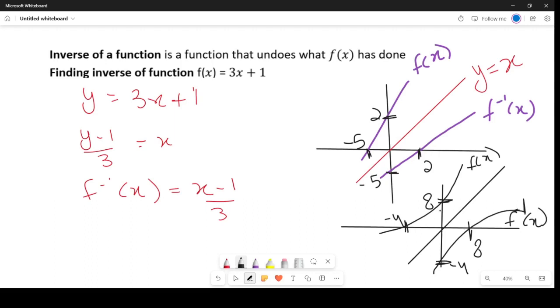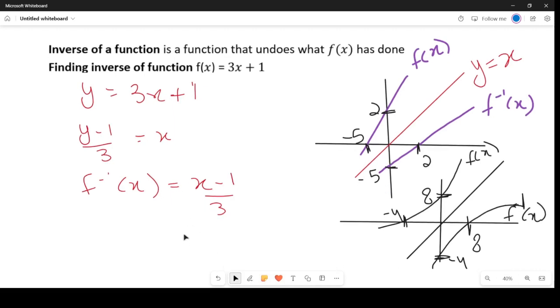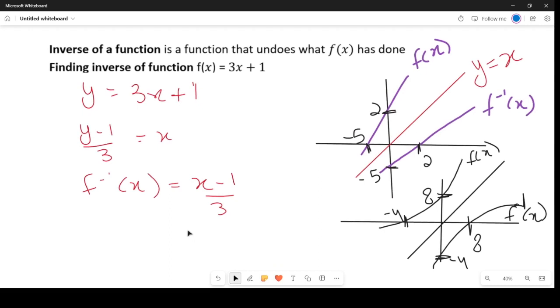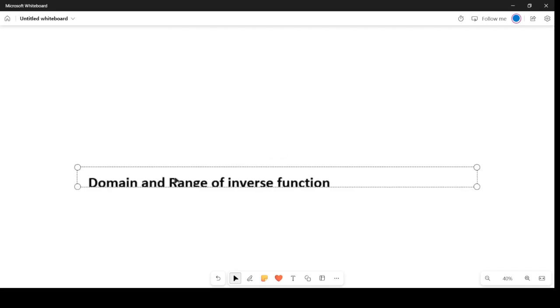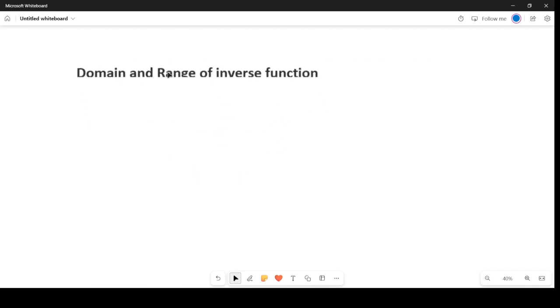ठीक है. Now let's talk about domain and range of inverse function. Let's say there's a function f(x).